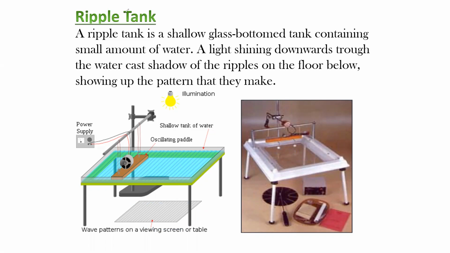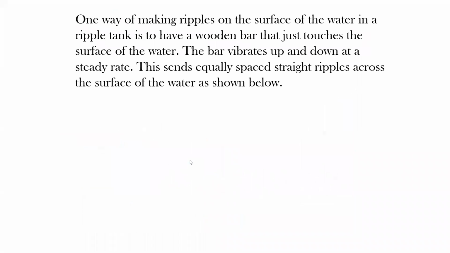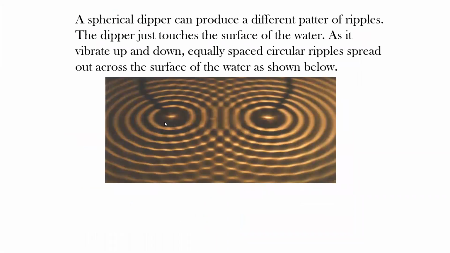What pattern will I see? I will see a pattern like this. It shows that waves are traveling towards the right, the top, down, and left, in all directions. But instead of the wave, you will observe the wave front.